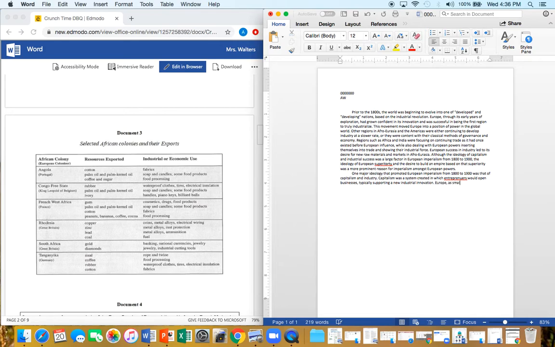Europe, as small as it was, was constantly searching for access to raw materials and new export markets, looking at regions in Africa and Asia, looking often at regions.